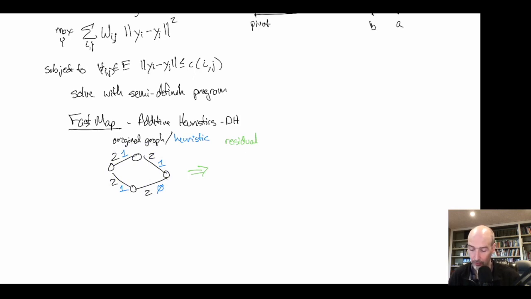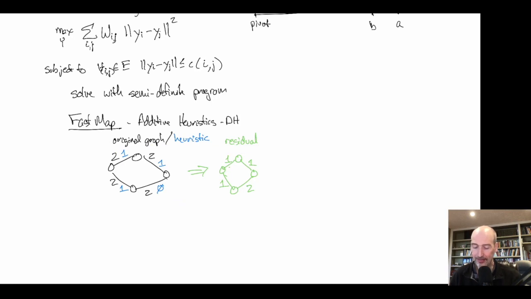The residual graph is going to have an edge of 1 here, an edge of 1 here, an edge of 0 here. Sorry, I have to be careful. There's an edge of 2 here, and then an edge of 1 here. The notion is that this heuristic has captured something about this graph, but this portion of the graph isn't captured at all in the existing heuristic.